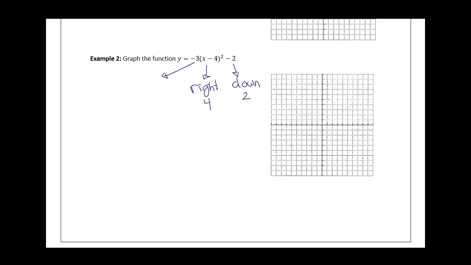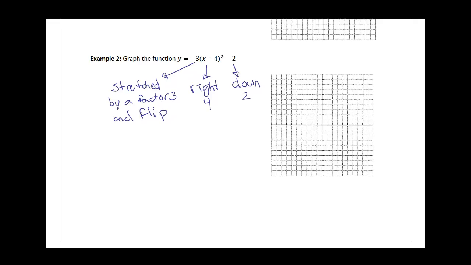And then this part, the -3, means we're getting stretched, because it's a whole number, by a factor of 3. And we're flipping, because it's a -3.